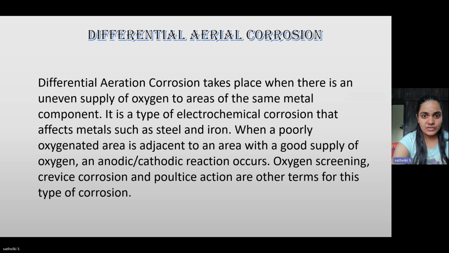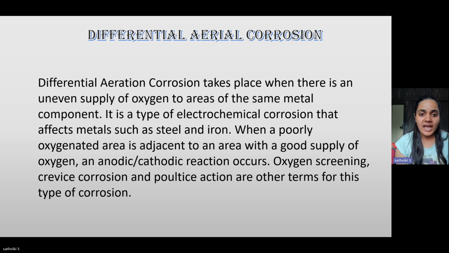Differential aerial corrosion. Differential aeration corrosion takes place when there is an uneven supply of oxygen at areas of the same metal component. It is a type of electrochemical corrosion that affects metals such as steel and iron.